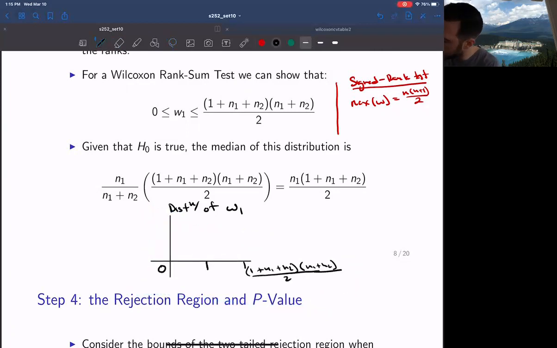Okay, so at the middle here, we're going to have n1 times 1 plus n1 plus n2 over 2. And then we might have something that looks like this.